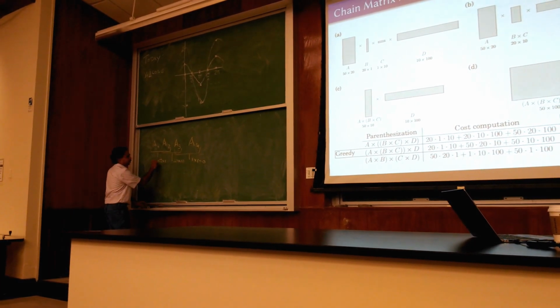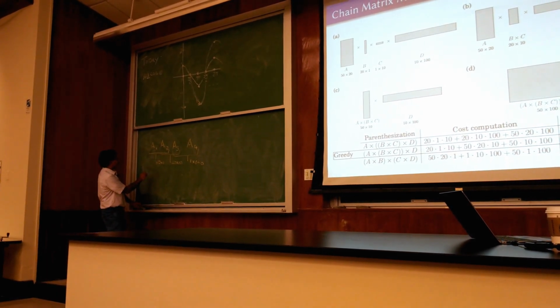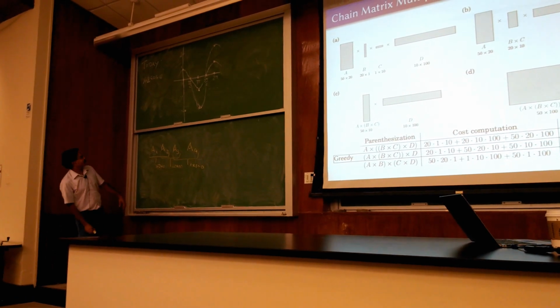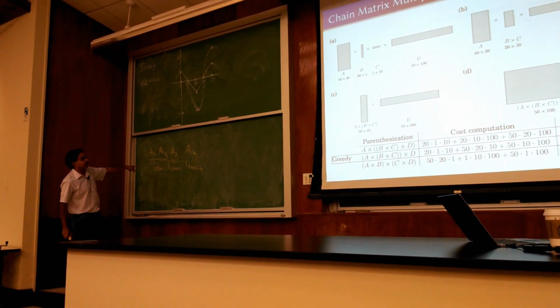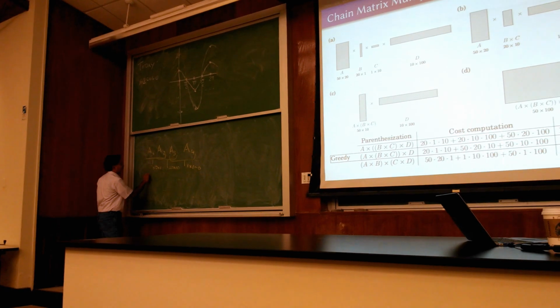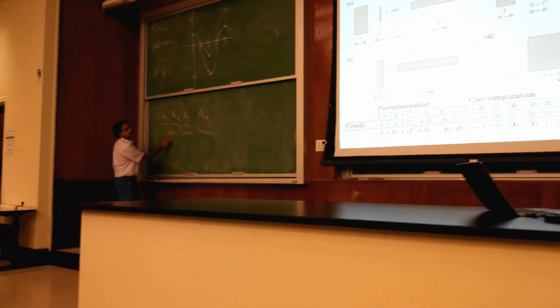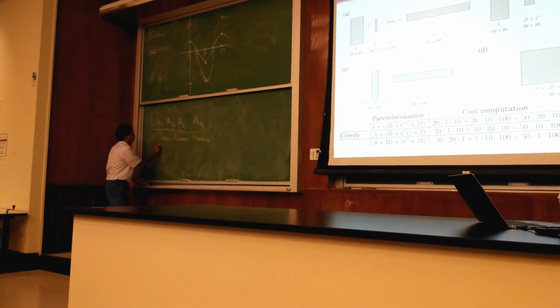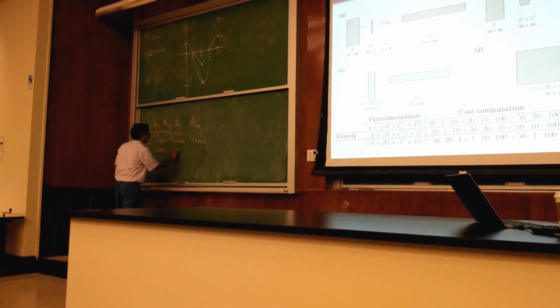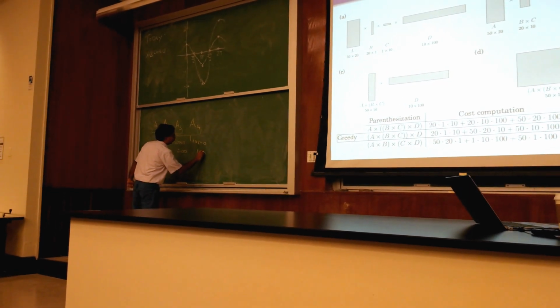So this is 50 by, or did I erase everything? Okay, so let's do A1 times A2 is 1,000, right? 1,200 and 1,200 and 1,000, right?